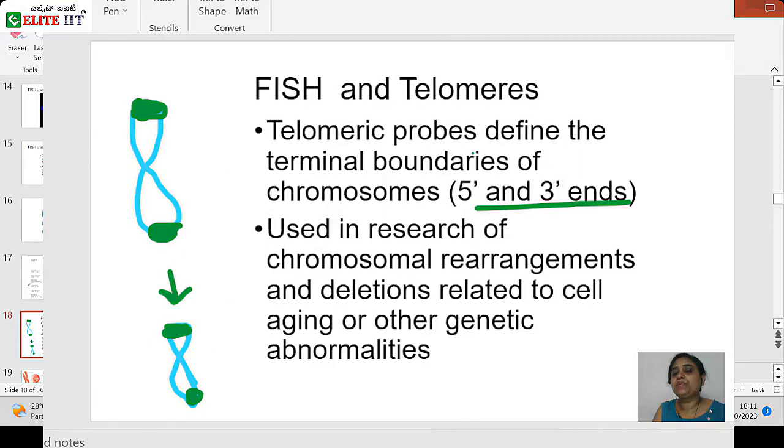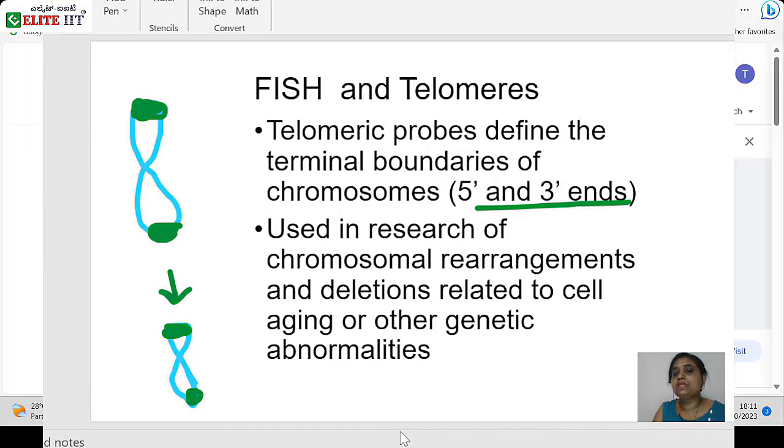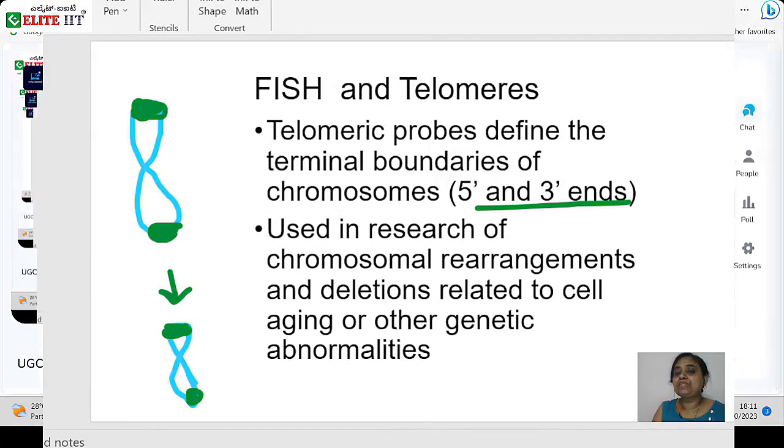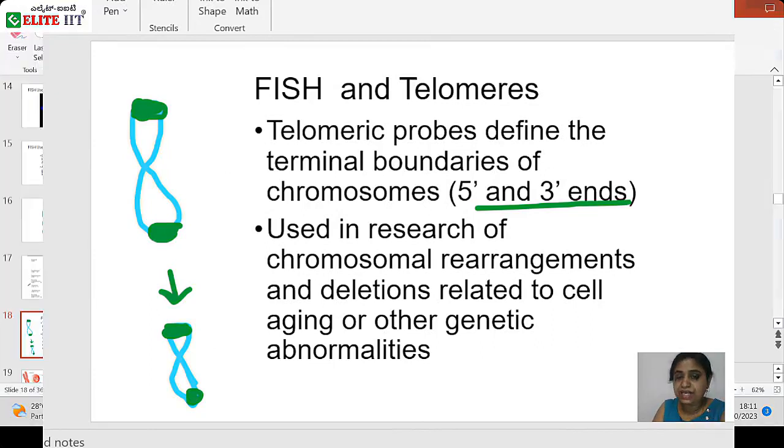So telomeric probes define the terminal boundaries of chromosomes. That means telomeric probes are already available. The sequence is available, so you can use that probe and apply it for the FISH method. Easily you can identify whether the full telomere portion is present, and how much it is degraded.